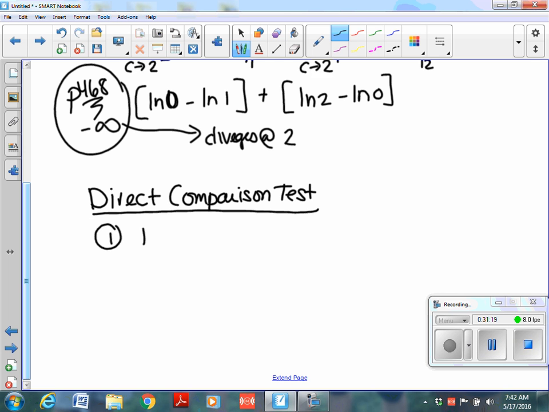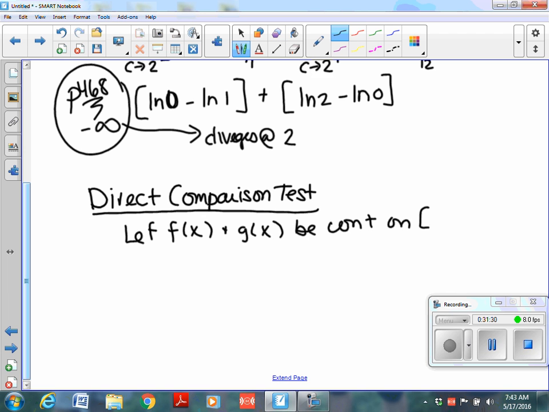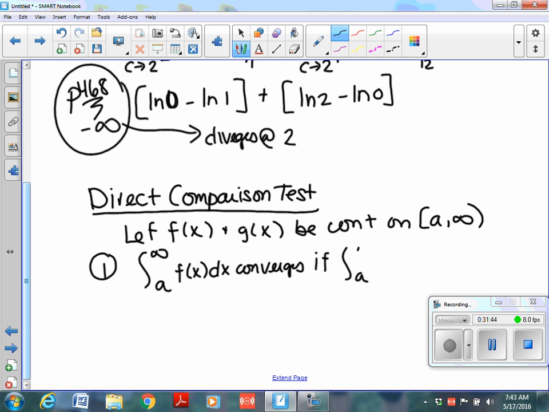well, first of all, before we start with number 1, you're going to let f of x and g of x be continuous on a to infinity. Then, if you go from a to infinity, if f of x dx converges, if only a to infinity, g of x converges.